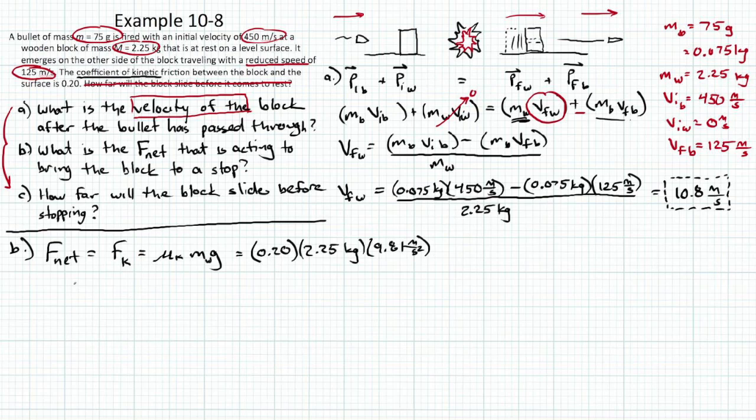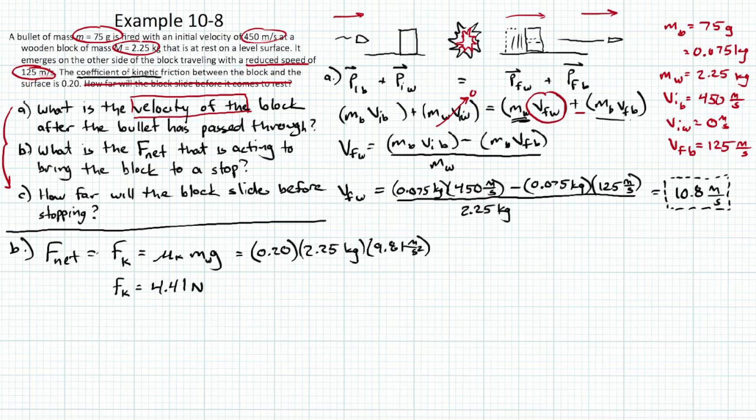And that'll give us our kinetic friction, and I have my calculations right here. What is that? 4.41. 4.41 what? Well, if it's a force, it's got to be newtons. 4.41 newtons.